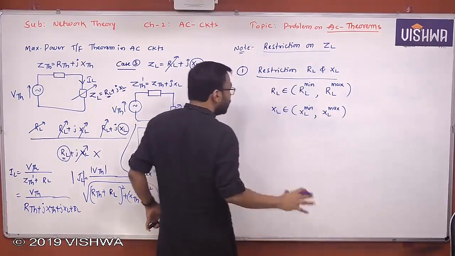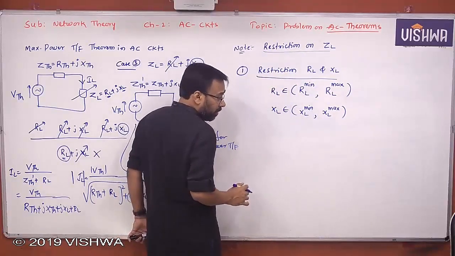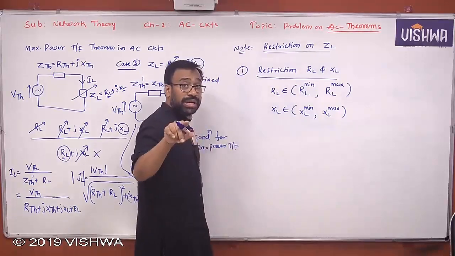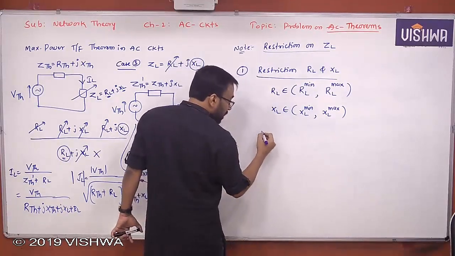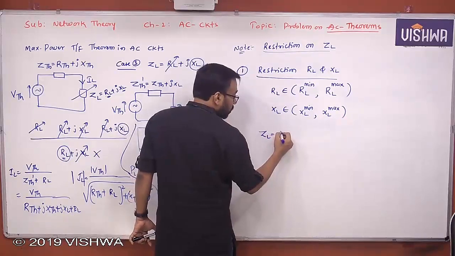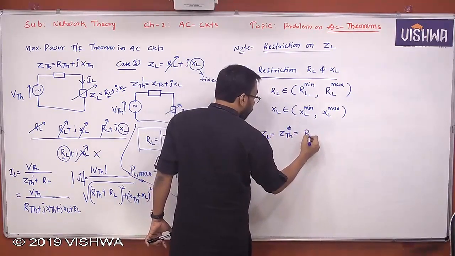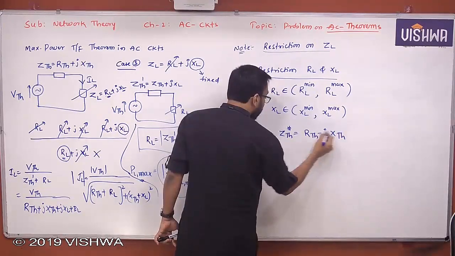Okay. So as usual, you know that when both RL and XL are variable, what is your condition for maximum power transfer according to case 2, right? Now case 2 is applicable here, no doubt. Now ZL is equal to ZTH conjugate. That means RTH minus JXTH. I guess you understand this.